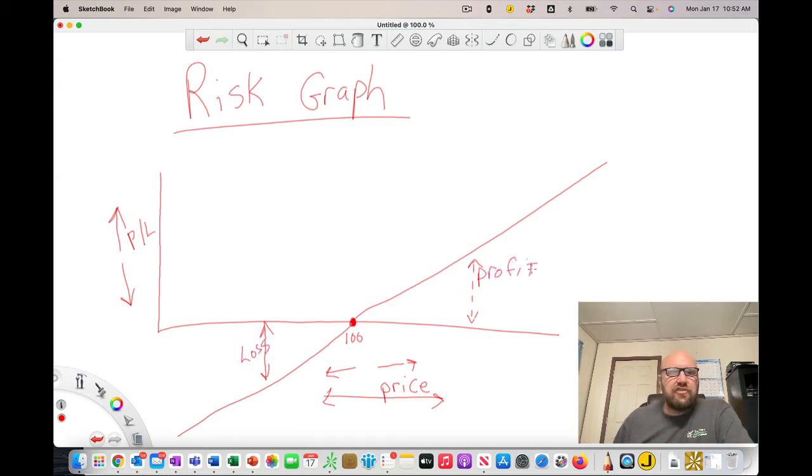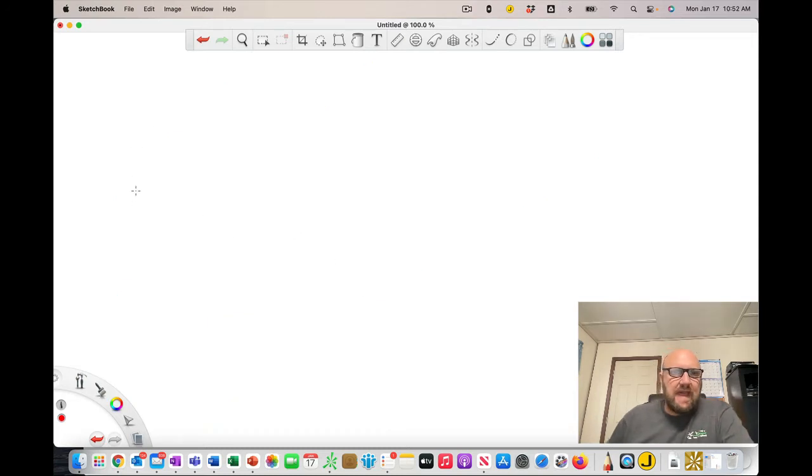So there's nothing fancy at all about this. There's no curvature. There's no time value. There's nothing. If we buy an underlying, a stock in our case, or a portfolio of stocks, or a portfolio of ETFs, or a portfolio of mutual funds, we just have a straightforward risk graph. So the way we look at that is just a sloping line, just like that.